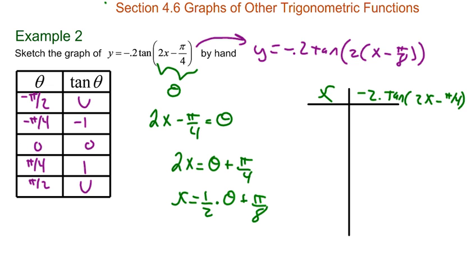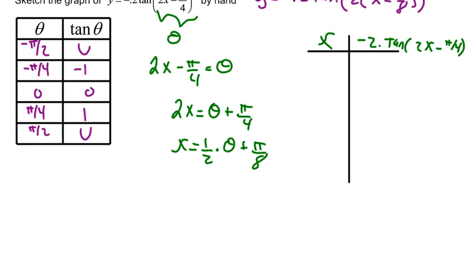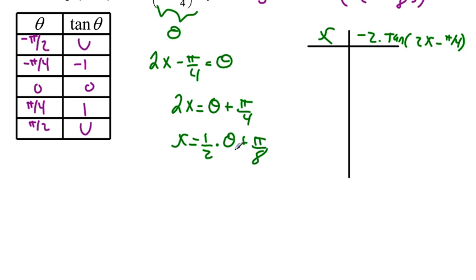So this may take a tad bit of work now, because the way I'm going to find x, I have to do all this mumbo jumbo. To get my first x value, I have to take theta and multiply it by a half, and then add pi over 8. So let's do a half times negative pi over 2 plus pi over 8. All I did was substitute negative pi over 2 for theta.